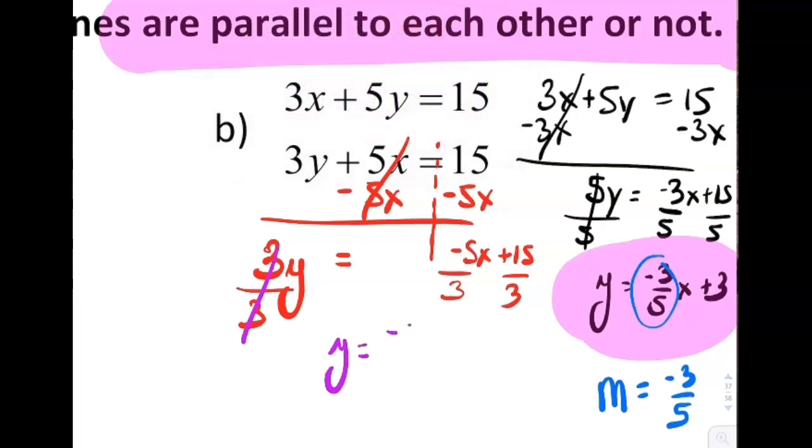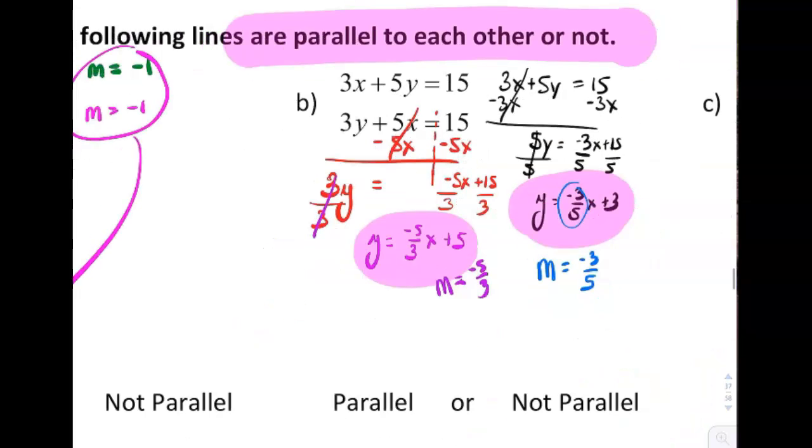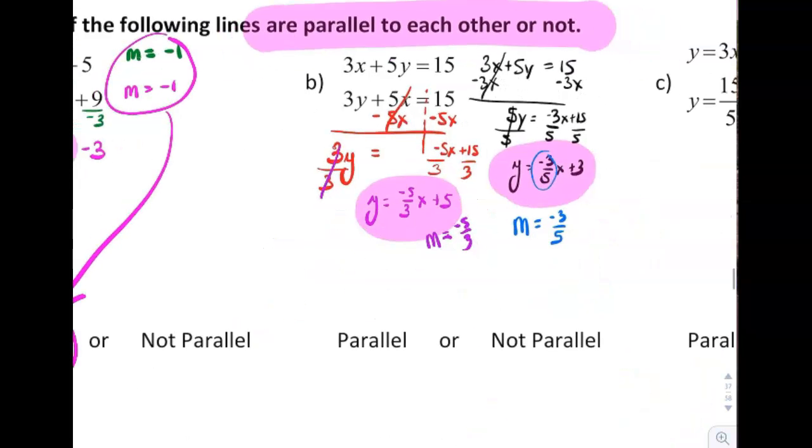I have y equals negative 5/3 x plus 5. So if you look at these two lines, the slope of this one is negative 5/3, and the slope of the other one was negative 3/5. Those are not the same numbers. They are not the same slopes. So that leads them to be not parallel.